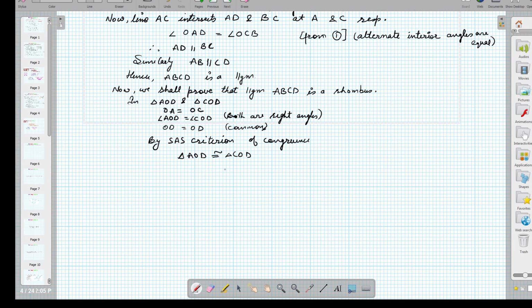So both the triangles are equivalent और अगर triangles equivalent हैं तो their side AD is equal to CD. और rhombus prove करने के लिए हमें sides की equivalency prove करनी है कि sides equal हैं. So this is because of the congruent triangles.